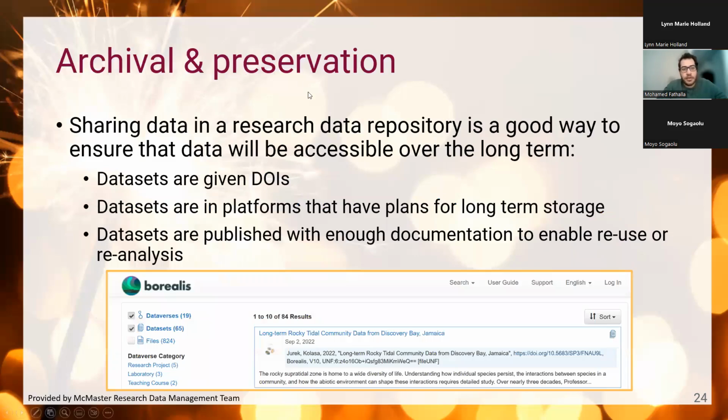For archival and preservation purposes, if you would like to preserve your data, the data sets are given DOIs, the data sets are in platforms that have plans for long-term storage, and the data sets are published with enough documentation to enable reuse or reanalysis, which is basically the main goal of RDM.